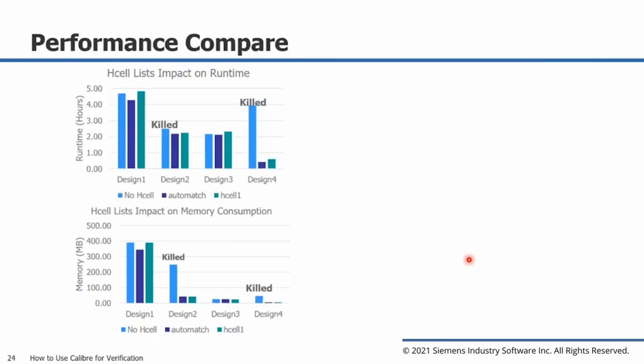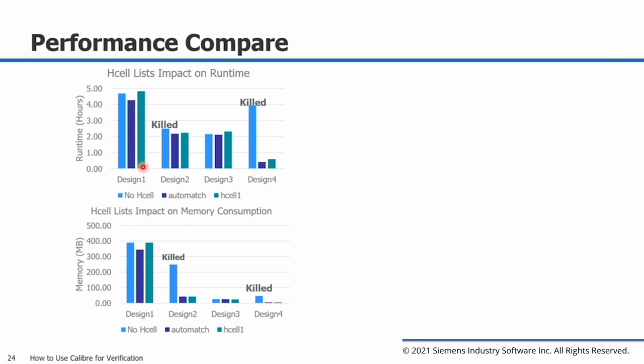Performance. If you can see here, in this particular graph, hash cell list impacts runtime. If you have no hash cell, in design one, it will be roughly around 4.5 hours. Using auto match, it reduced to a bit over 4 hours.